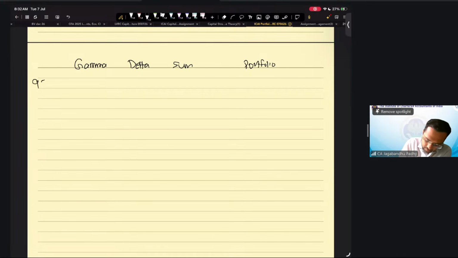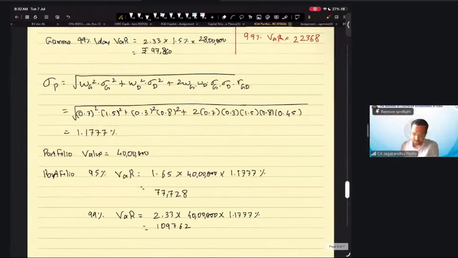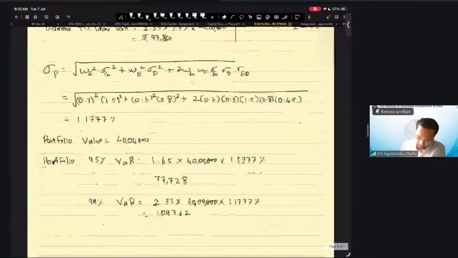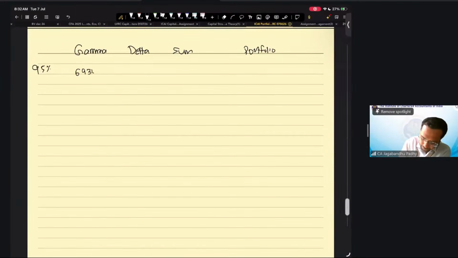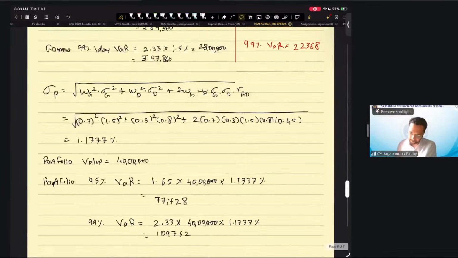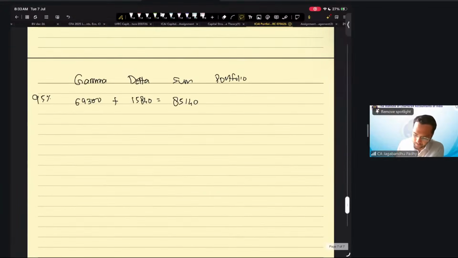At 95%, we had the VAR of gamma as 69,300 and that of delta was 15,840. So if I add them, it is 85,140. And we've got the portfolio VAR as 77,728.